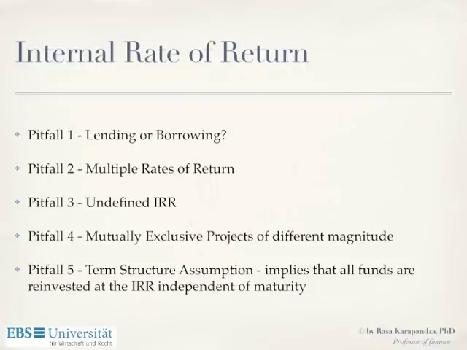And programs like Excel or your financial calculator will always give you just one solution. They will not give you, okay, these are the 10 solutions. So you should be careful when you are calculating something with the internal rate of return. Moreover, in the Excel function for internal rate of return, besides providing the cash flow stream as an argument, you can add a comma and then give your guess.